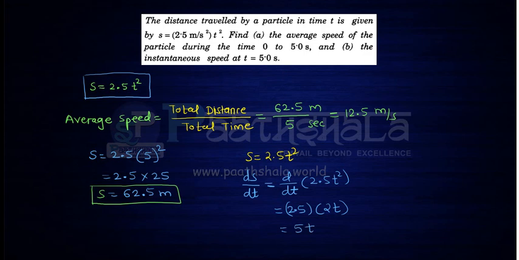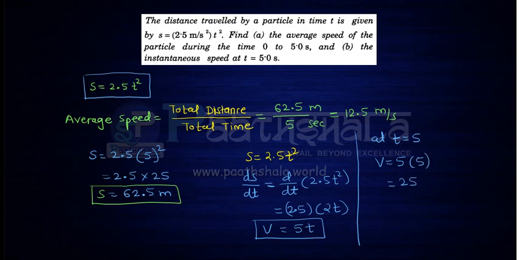And ds by dt is nothing but instantaneous velocity or speed, that is v. So at t equals 5 seconds, v will be 5 into 5, that is 25 meter per second. So instantaneous speed is 25 meter per second.